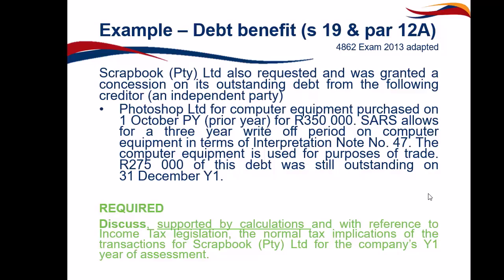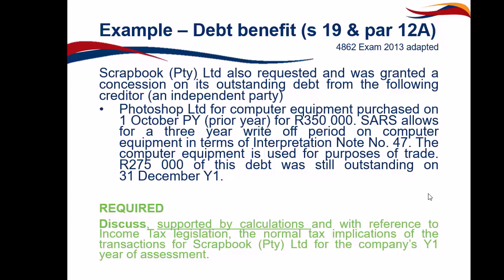Okay, so we see that Section 19 will be applicable here and none of the exclusions will be applicable. Why are we saying Section 19 will be applicable? Because we can see that a debt benefit was granted and we can see that it was as a result of a concession, okay?